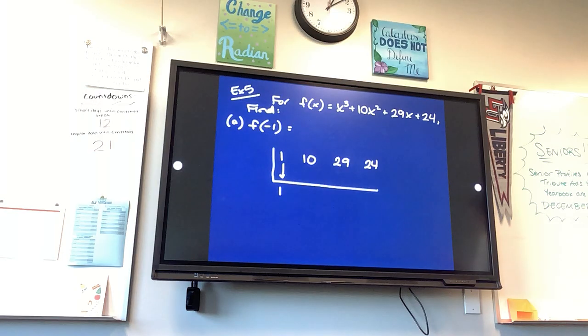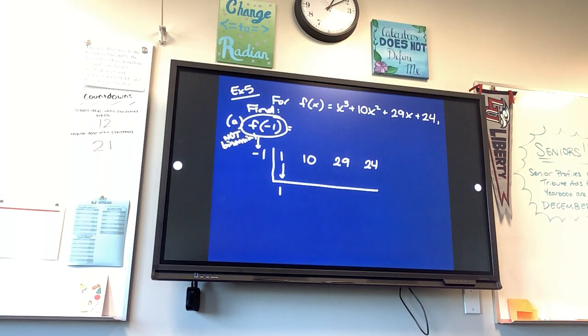That f at -1, is this a binomial? No. So what number goes on the outside? -1. Okay, so the little note on this is that it is not a binomial. That's what matters. It's either a binomial or it isn't.